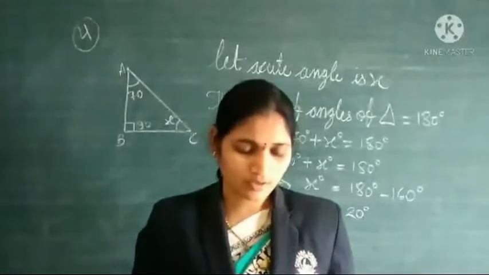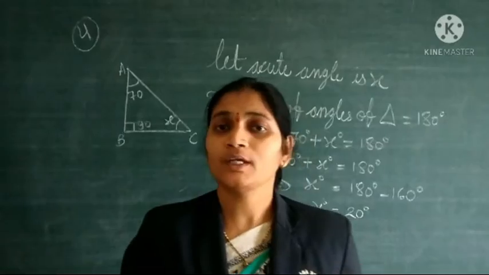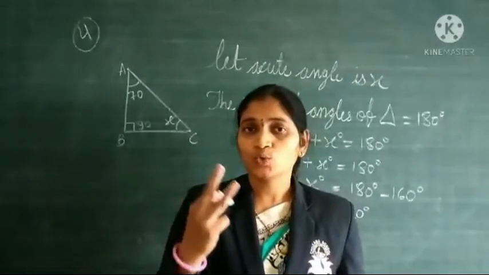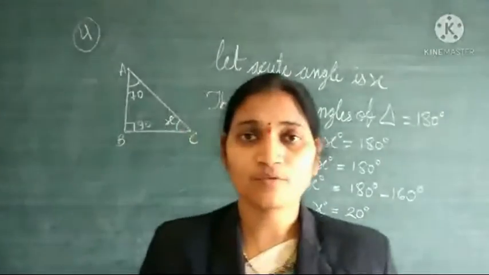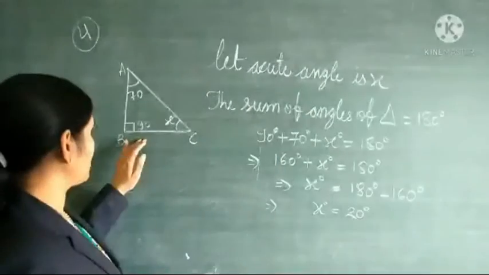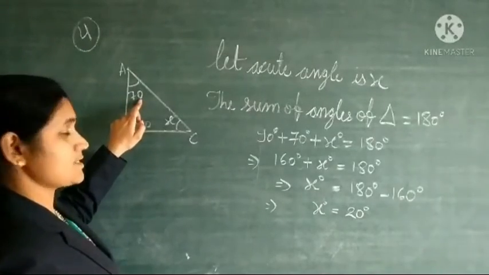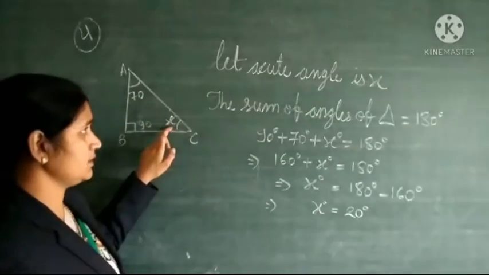Fourth question. One angle of a right angle triangle is 70 degrees. Find the other acute angle. Students, as we know, in a right angle triangle there are two acute angles, and they gave the value of one angle. See here, this is the right angle triangle. One angle is 90 degrees, one angle is 70 degrees and the third angle is x.